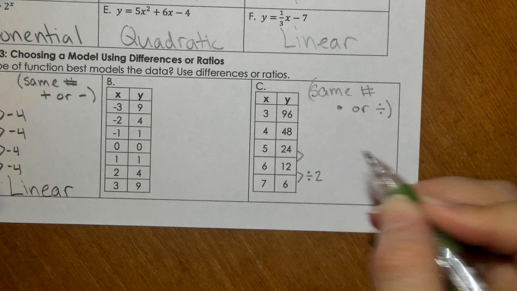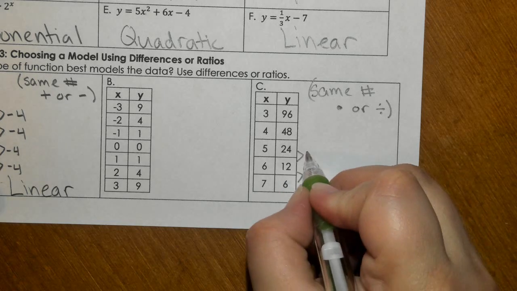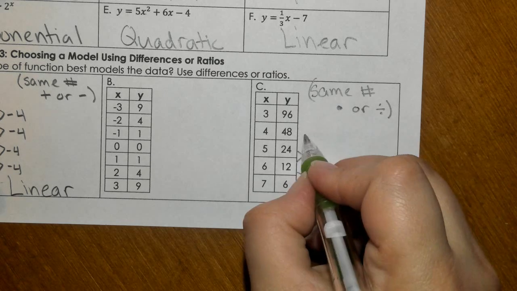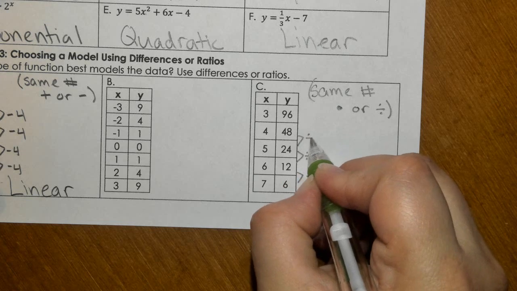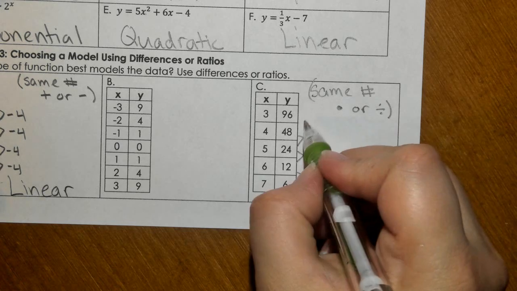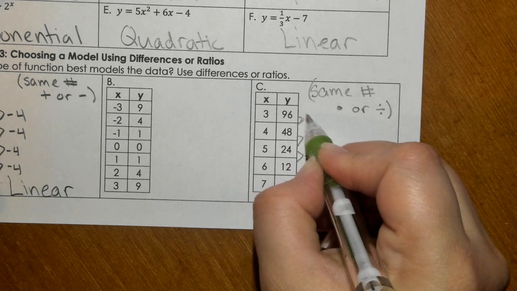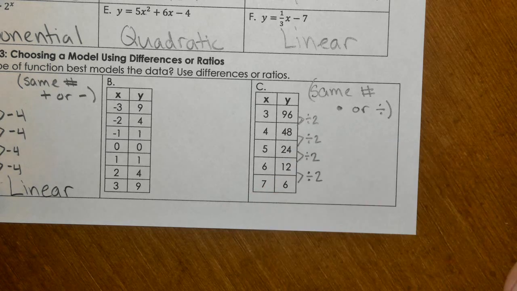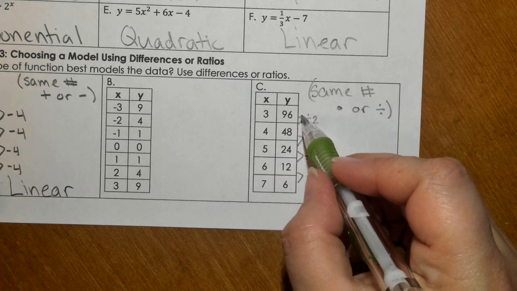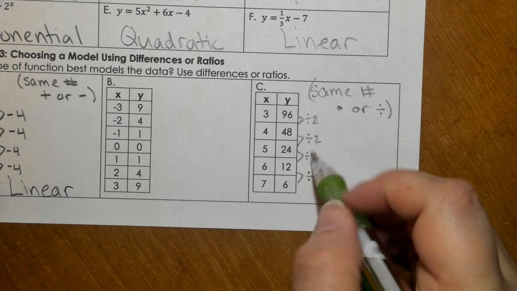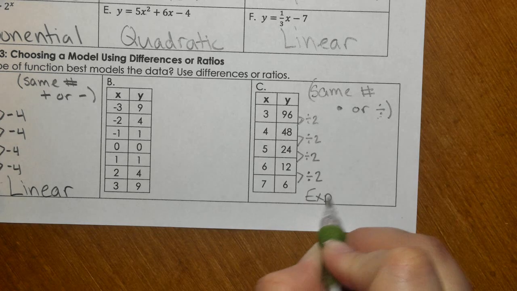Okay? Does 24 divided by 2 equal 12? Yep. 48 divided by 2 is 24. And then I would check that in the calculator. 96 divided by 2, that is 48. So because we're dividing by the same number, this is exponential.